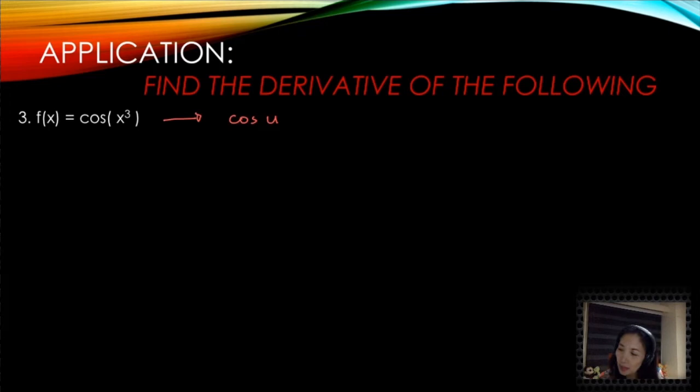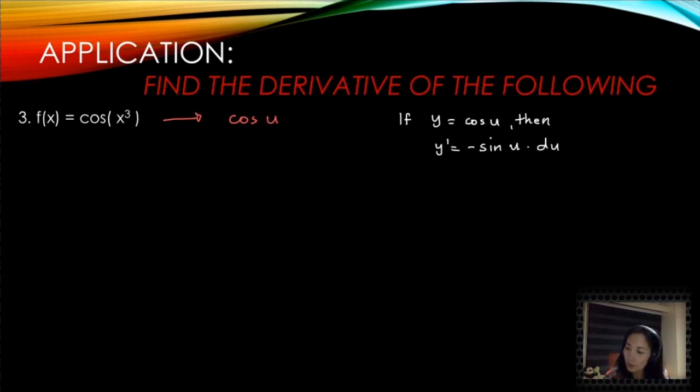And what did we say about the derivative of cosine u? If y is equal to cosine u, then what is y prime? y prime is equal to negative sine u times du.